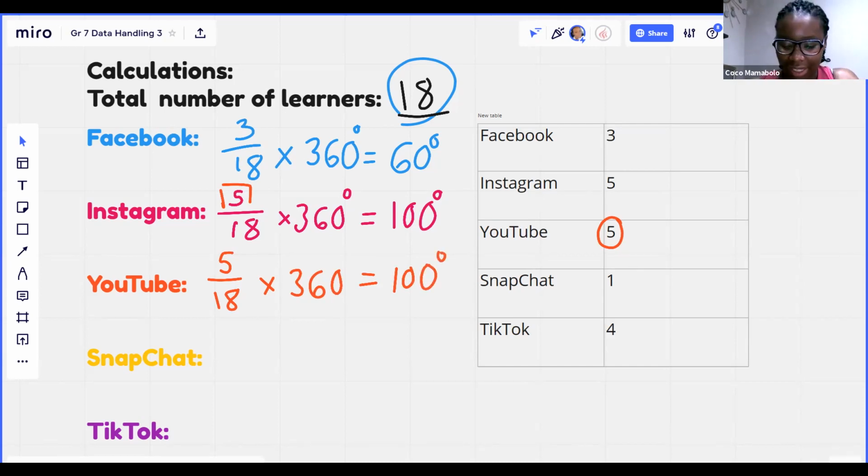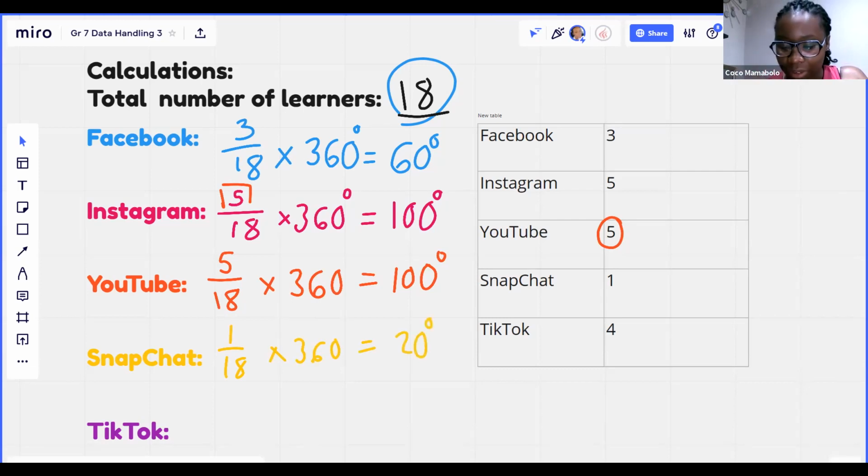Okay, awesome. Theo, can you give us the Snapchat one? What are the Snapchat numbers? Or walk me through how you're going to calculate it. 1 over 18. Times 360. And how much do we get there? 20 degrees.